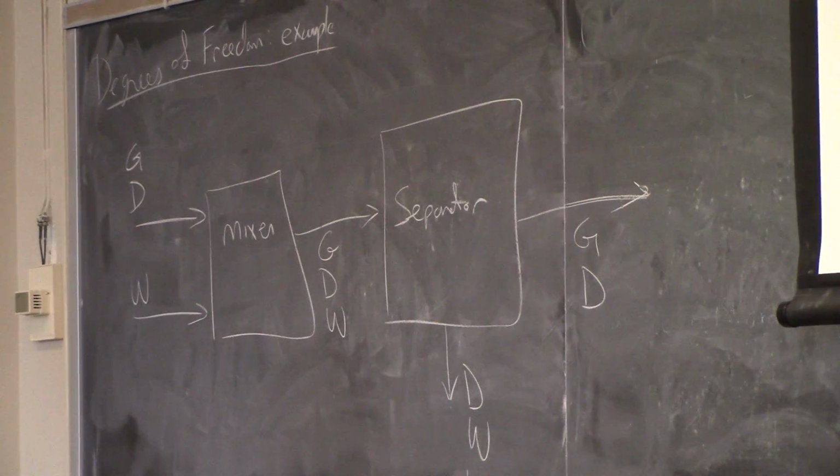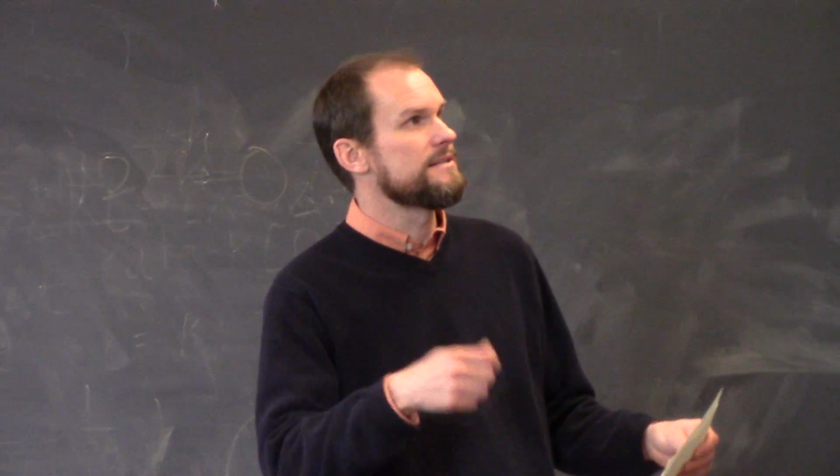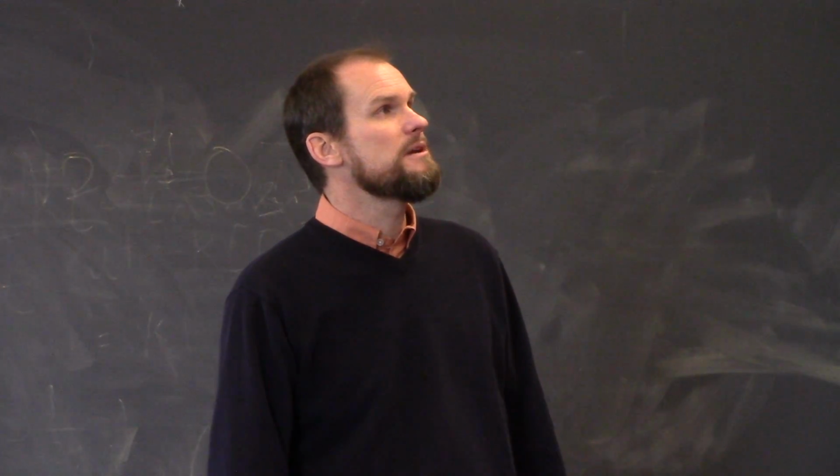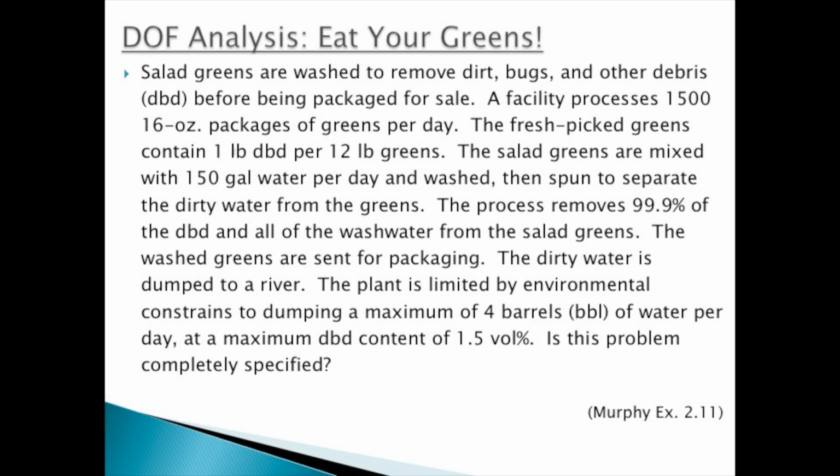So that's our clue that this is a steady state process. Actually, it could be a batch, one big batch for the day gets run. But anyways, at the end of the day, there's nothing left in the mixer. There's nothing left in the separator. Everything's moving through at a steady state. Okay, so no accumulations. Write down any chemical reactions. None.